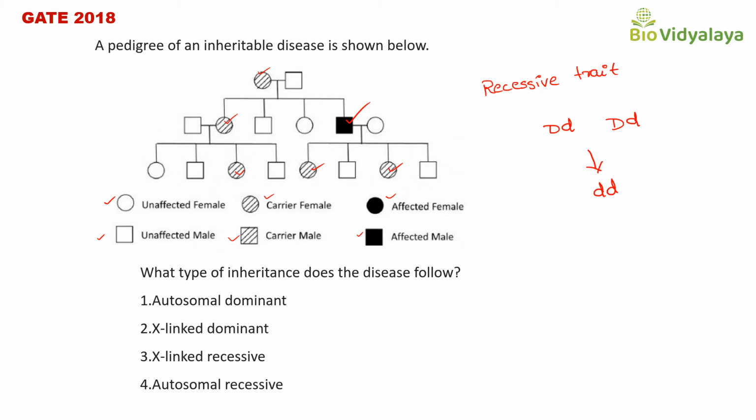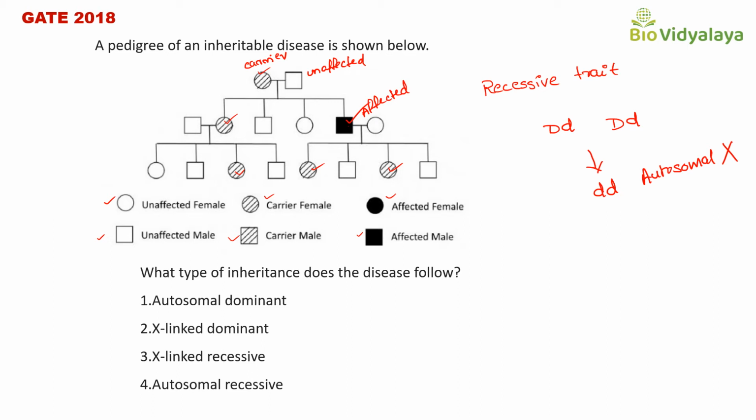This is an unaffected father and this is a carrier mother. But this male offspring is affected, isn't it? That's why we can say that this is not autosomal. That means this is an X-linked trait.